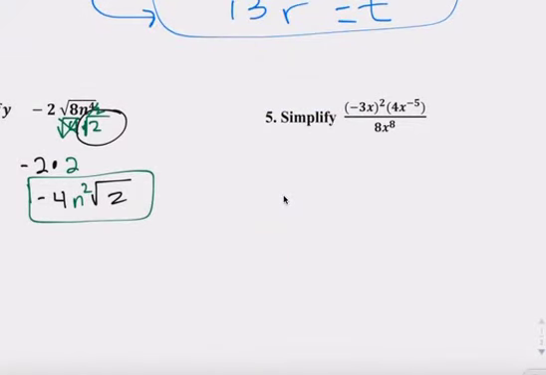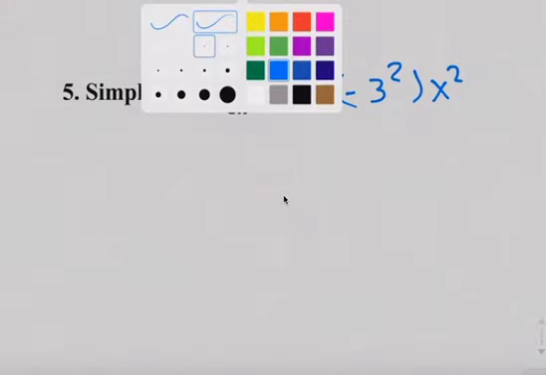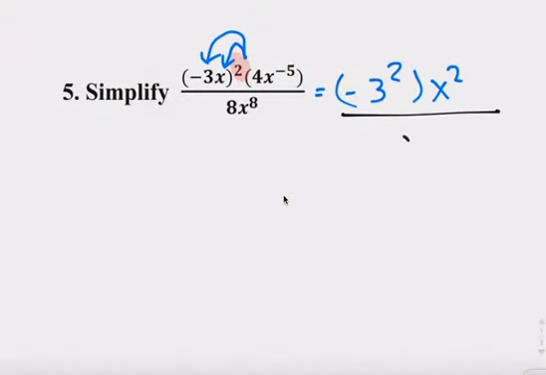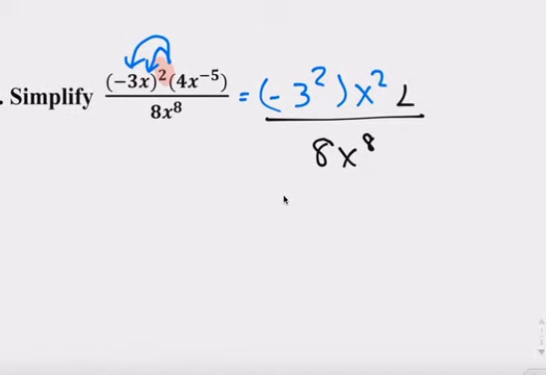Okay. You need to always distribute the exponent first to both of the inside. So you get negative 3 squared and x squared, and everything else stays the same: 8x to the 8th and 4x to the negative 5.